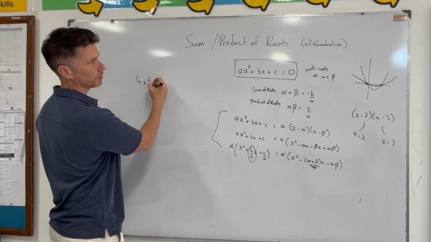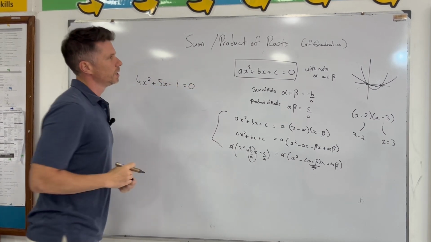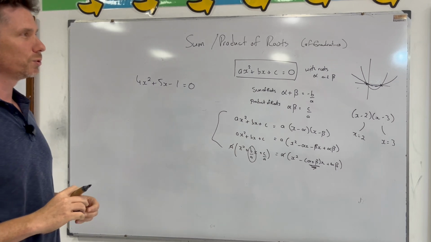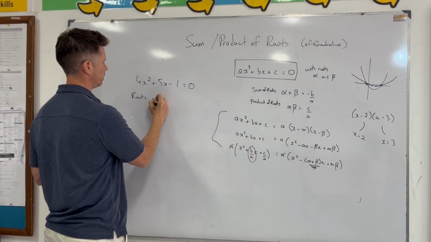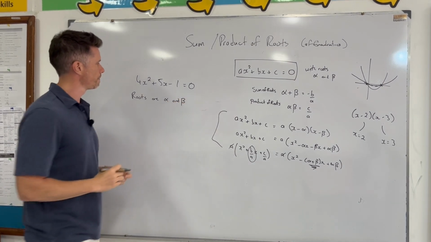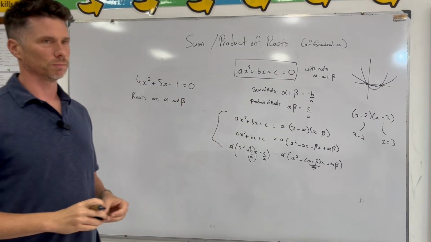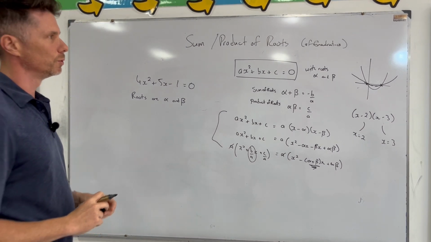This is our quadratic equation. Plus 5x minus 1 is equal to 0. If we are given a quadratic equation and the roots of the equation are alpha and beta. Okay, they haven't told us the roots yet. Find the quadratic equation with roots.